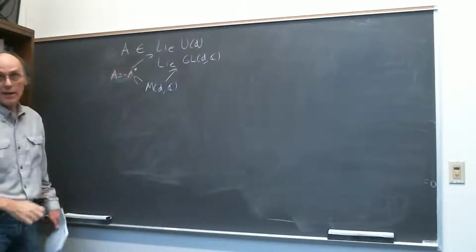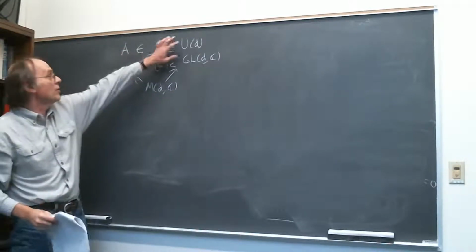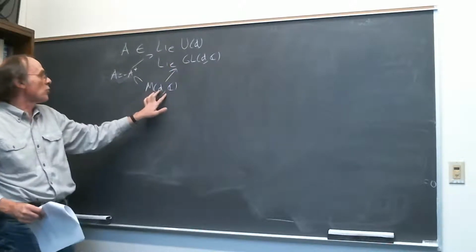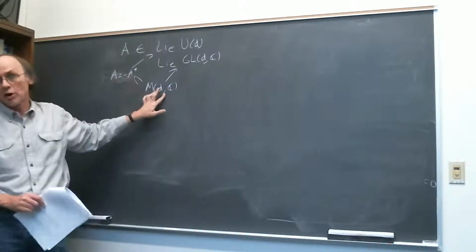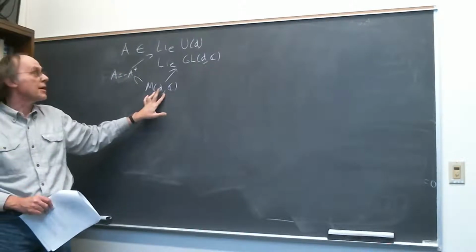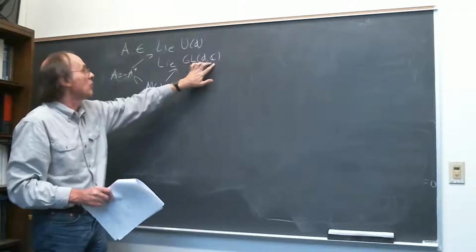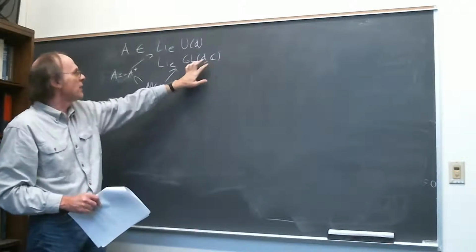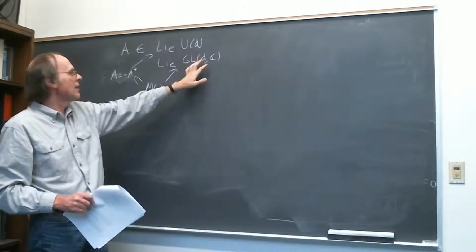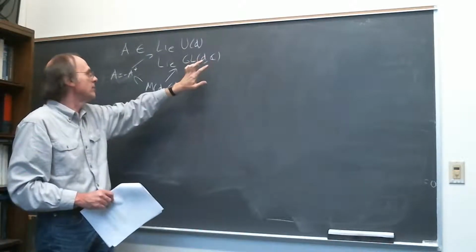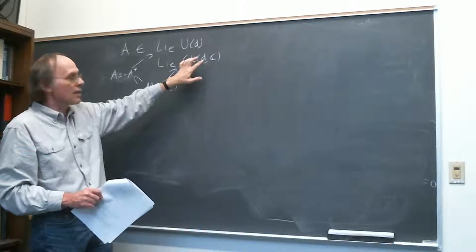But for the calculations we're going to do, you might as well just work with the Lie algebra of all D by D matrices. It's just easy. Anyway, this is not going to give you a unitary operator.